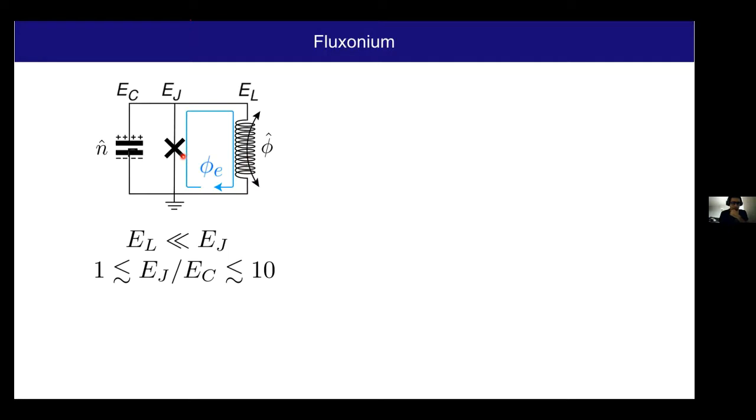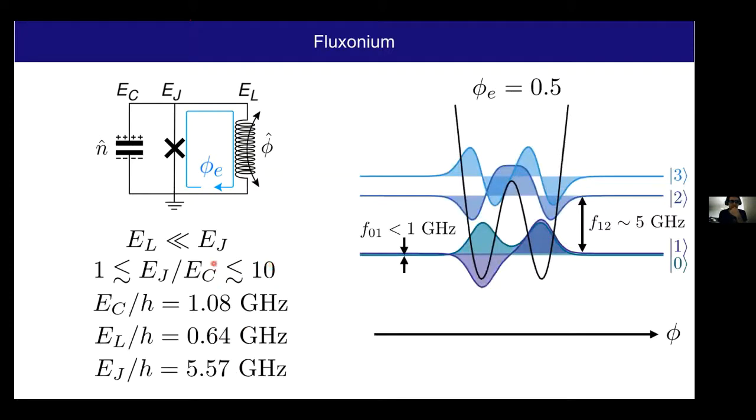And also, we make sure that the ratio of the Josephson energy to the charging energy is between 1 and 10. For realistic values of these parameters that satisfy these two conditions, and if we apply half of a flux quantum in the loop defined by the junction and the inductor, we find that the quantum mechanical behavior of the circuit is equivalent to that of a massive particle evolving in a double well potential.